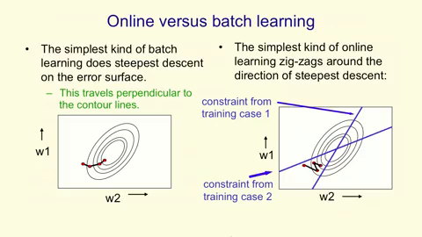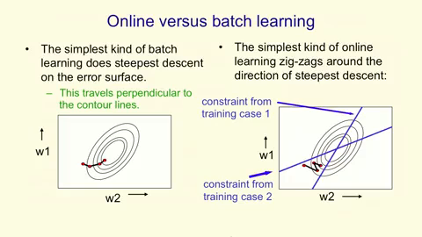To put it another way, if we look at the error surface from above, we get elliptical contour lines, and the delta rule is going to take us at right angles to those elliptical contour lines, as shown in the picture. That's what happens with what's called batch learning, where we get the gradient summed over all training cases.